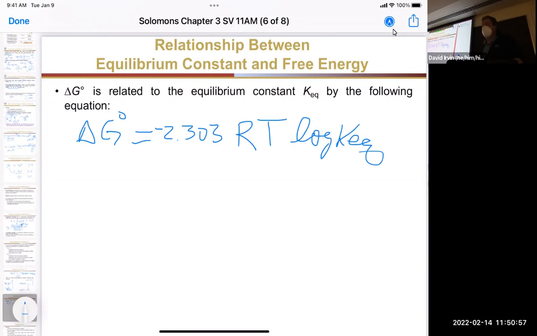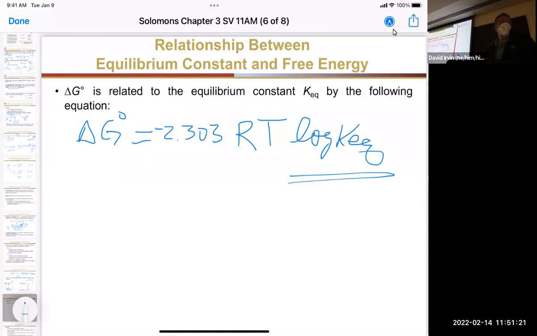It's not Planck's constant, it's the gas law constant. So if we have an equilibrium constant that is negative, when we do our calculation, you're going to end up with a delta. The important thing here is that the equilibrium constant and temperature are important for that delta free energy.